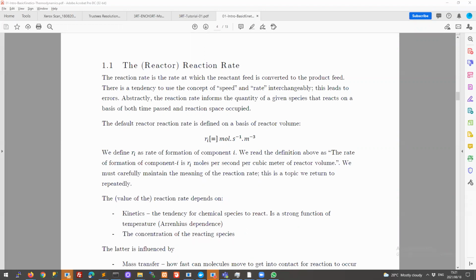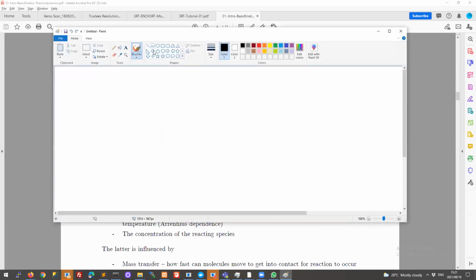Okay, so we want to now understand the reaction rate, and I'm going to have a couple of quick sketches in here. I'm just drawing with the mouse, so excuse the drawing.